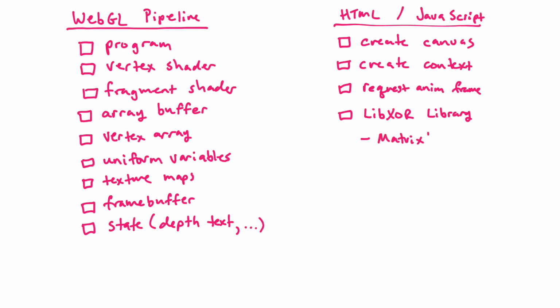So matrix 4, vector 3, a render config, the rendering context, which is just going to be called graphics, and an index geometry mesh.